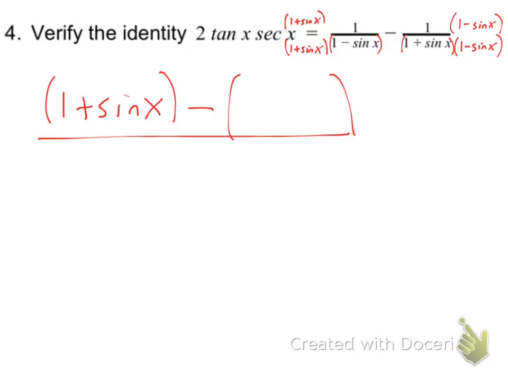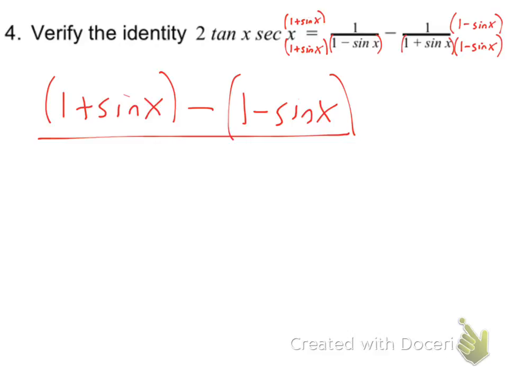Do you guys see that? Because that negative has to be distributed in. That's going to be huge. And then you have to put the bottom together. Now, guys, sometimes there's advantages to multiplying your denominators together. Other times you want to keep them separated. But here's the thing: 1 plus sine x times 1 minus sine x.